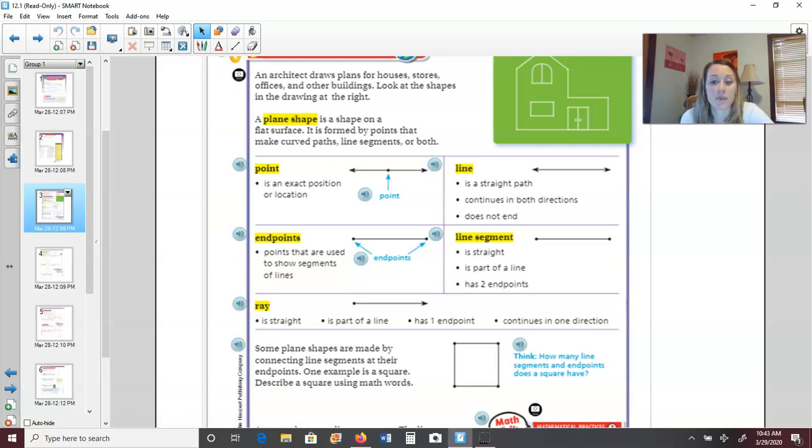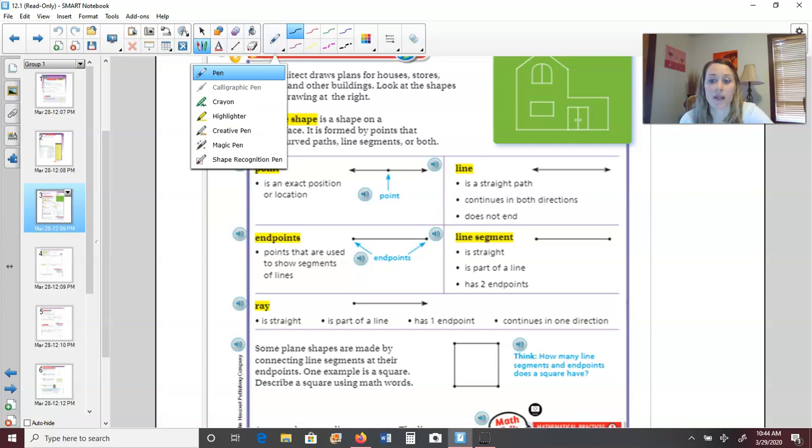So in order to move further, we have some more vocabulary words here that you see are highlighted in yellow that we need to take a look at. So a point is an exact position or location. It is like a period is a point.